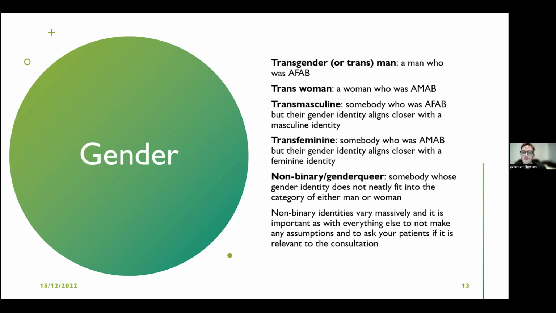But you can also just be non-binary without being more towards anything else. And that's the point. Non-binary identities vary massively, and it's important, as with everything else, not to make any assumptions, and only ask the patients about it if it's relevant. You don't want to ask them questions about things that don't matter just because you're curious. But if it's relevant, you can ask. If not, don't make an assumption.